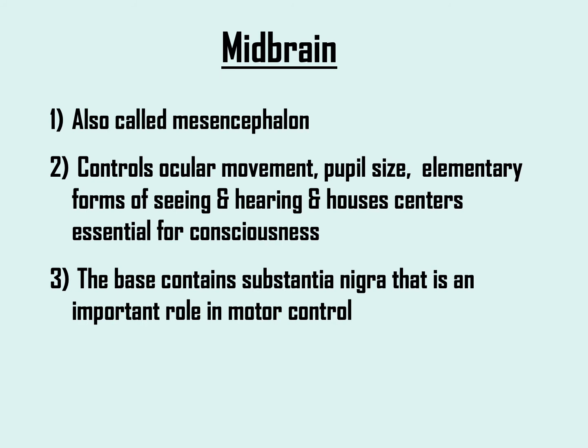The midbrain. Well, it's also called the mesencephalon. Again, I really need you to know that. It controls ocular movement, pupil size, elementary forms of seeing and hearing. It houses neural centers that are essential for consciousness.